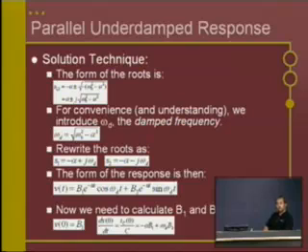They come from the initial conditions in slightly different ways, and so we want to differentiate between those. So you have some constant B1 times e to the negative alpha t times the cosine of omega d times t. The second term is B2 e to the negative alpha t times the sine of omega d times t.